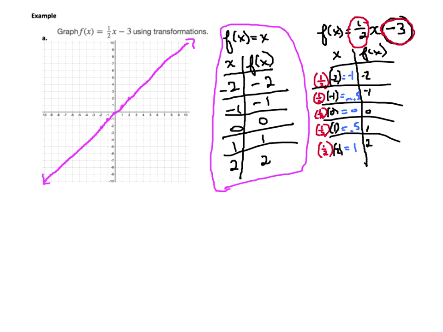And I shift, so I subtract 3, down 3, down 3, down 3, down 3, down 3. And what I end up with there is -5, -4, -3, -2, and -1. So my new function is -1, -5.